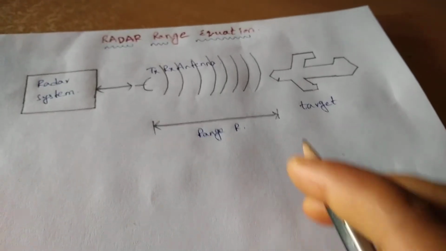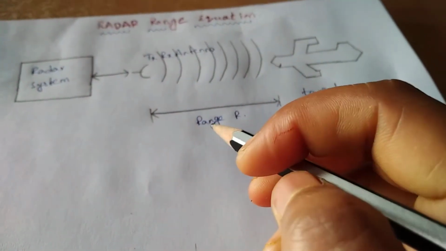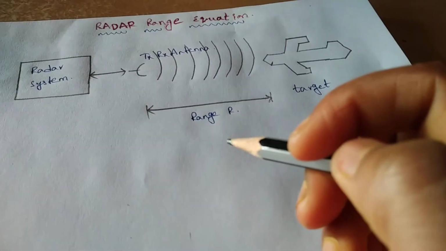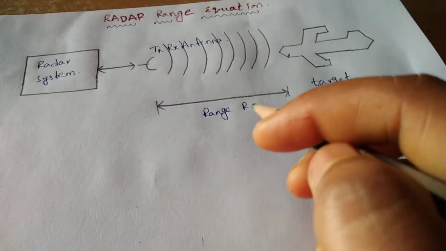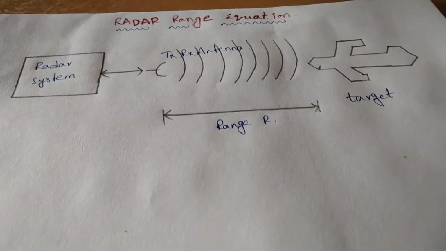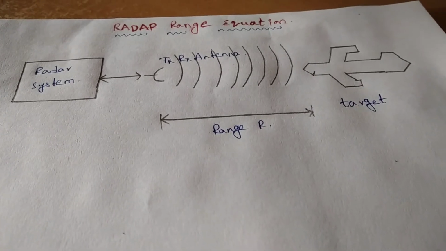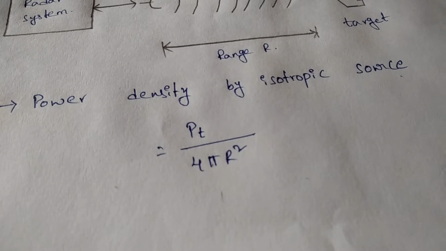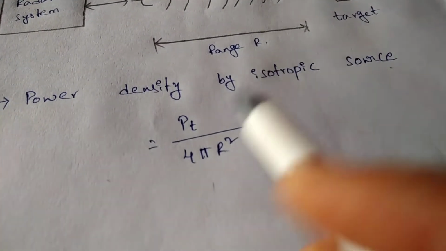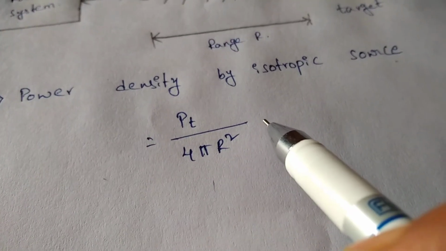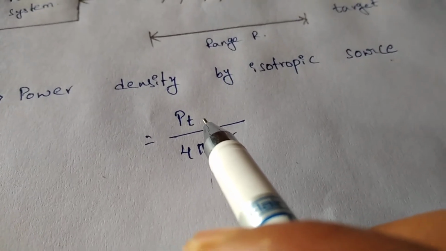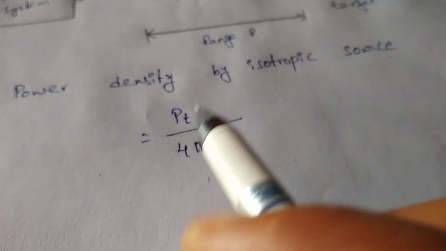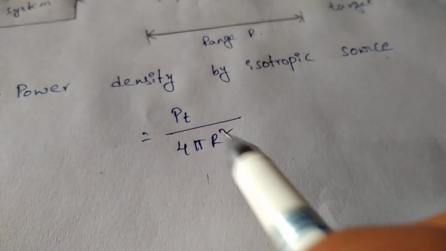The cross sectional area for the isotropic source will be 4 pi r square, which is the surface area of a sphere at a distance r. So the power density by the isotropic source is Pt by 4 pi r square, where Pt is the transmitted power and 4 pi r square is the surface area of the sphere.